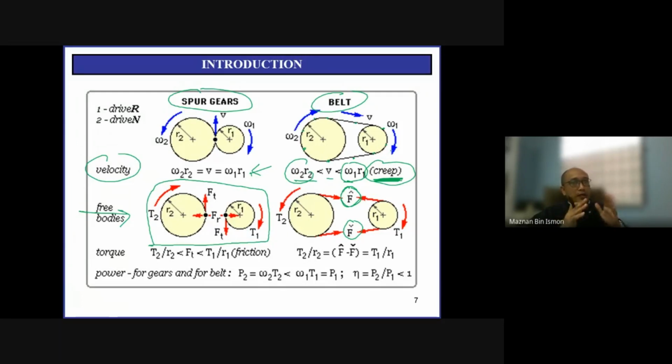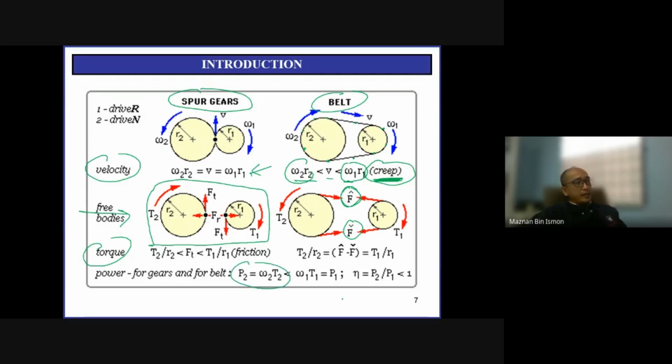You darabkan dengan the radius of the pulley, then only you can get the torque of the belt system. At which point? At pulley, which pulley lah? Okay, that is the thing lah on the torque.